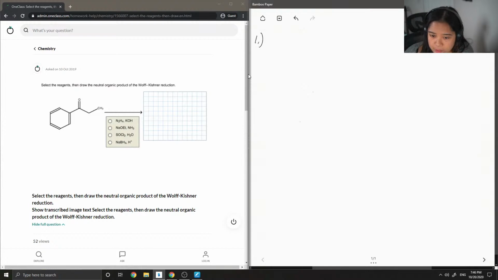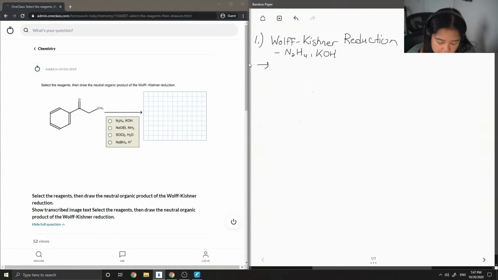So for the Wolff-Kishner reduction, the reagents that you would use for this are N2H4 and potassium hydroxide.